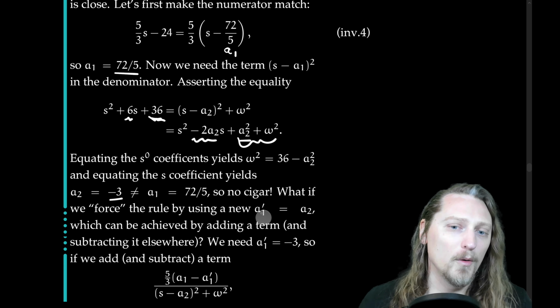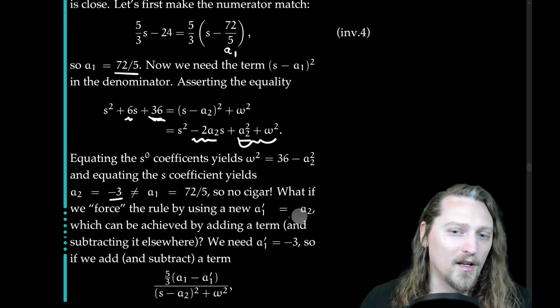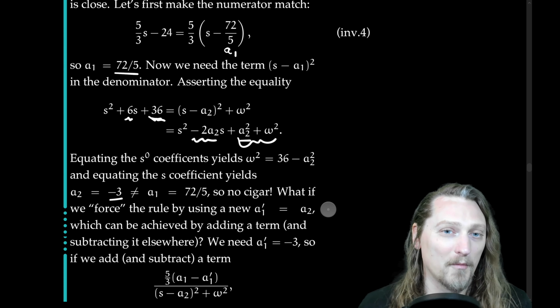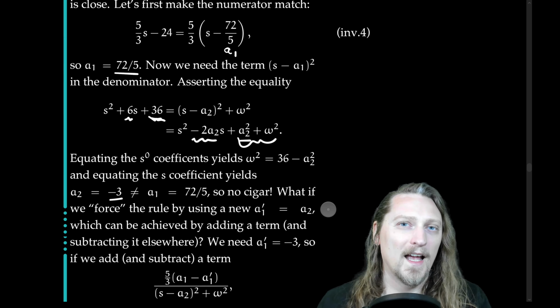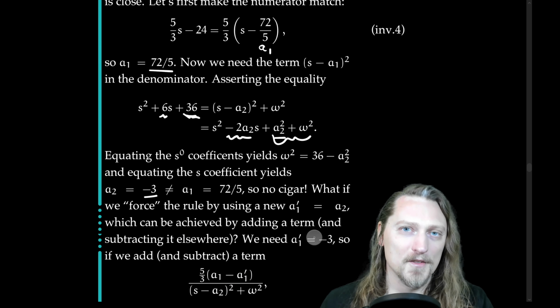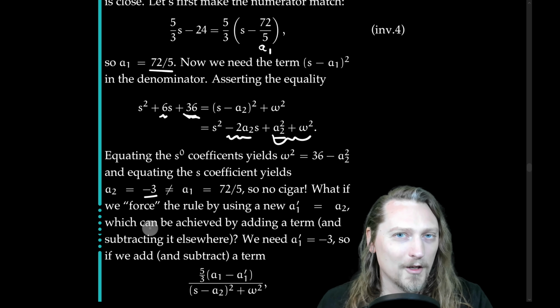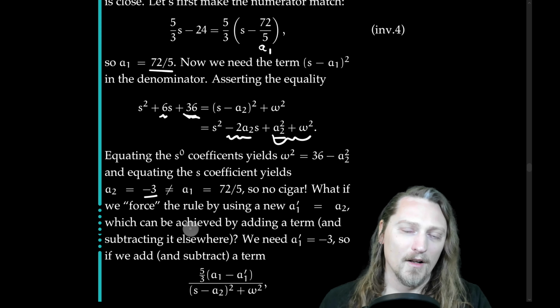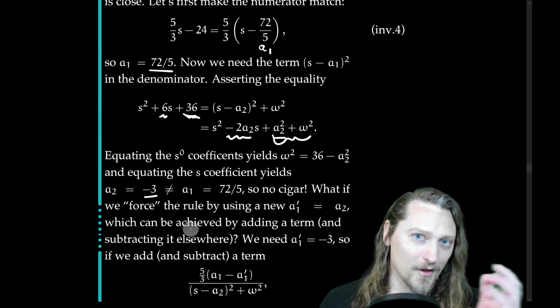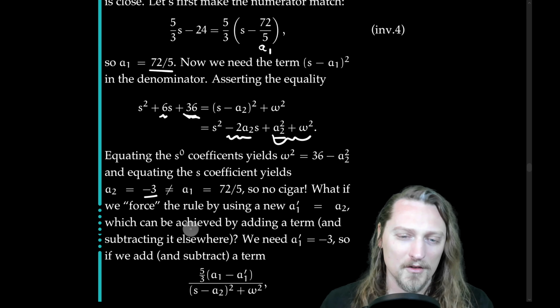I'm going to give some new a1 for the numerator, and we're going to say that one has to equal a2. We're going to force this rule to work for us, and then we're going to deal with the consequences of that. So we force it by adding a term and also subtracting that same term elsewhere. Of course, you can do that. It sums to 0 if you add something and then subtract it. So you're allowed to do it.